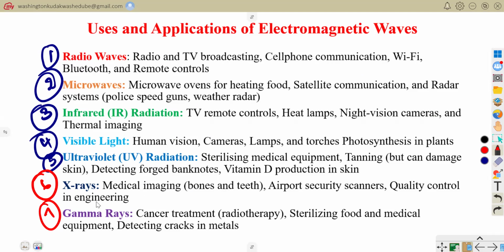And then we lastly come to gamma rays for cancer treatment. So that is that about electromagnetic waves.